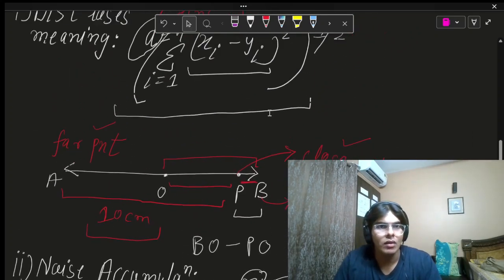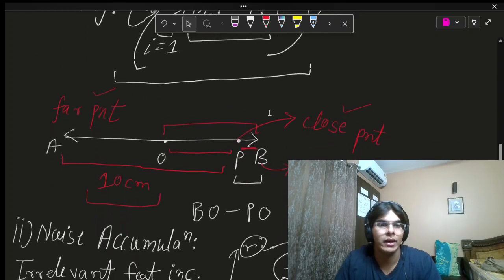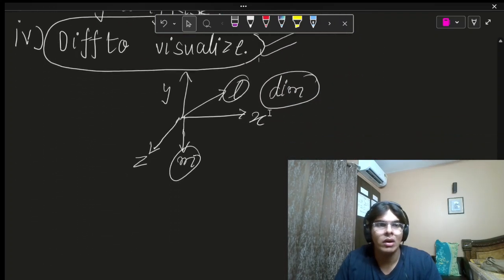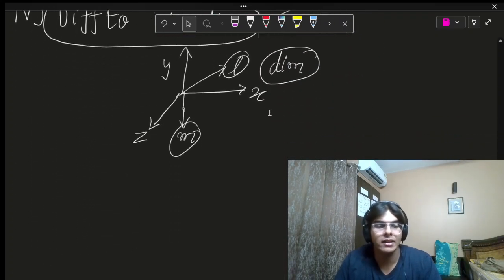Okay, what is the first one? The distance losing meaning. Okay, so they're all very intuitive and simple to understand, and they're very real world problems. All of them do happen in any real world high dimensional data set. Okay, and usually real world data is high dimensional because there are a lot of features which are used to predict the target variable. So what do we do about it?